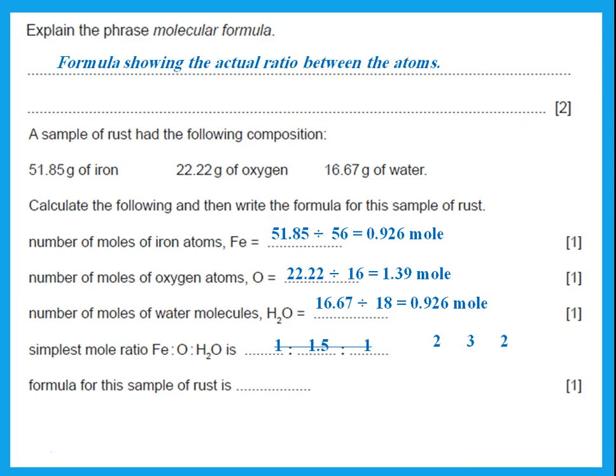So 1.5, if I multiply through by 2, it will be a whole number. So I multiply everything by 2. So instead of 1 to 1.5 to 1, my ratio is actually 2 to 3 to 2. And that means that my formula is this. Remember that this is how we write the formula of a hydrated salt. Fe2O3, and then I have 2 water, so we put dot 2H2O.